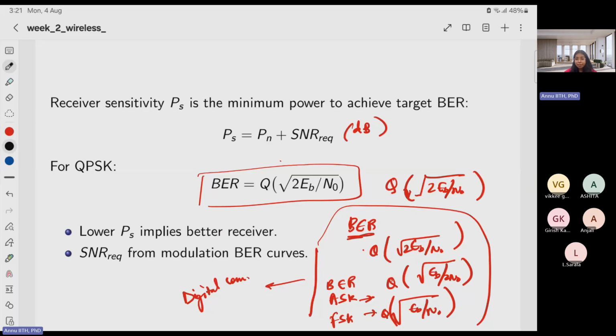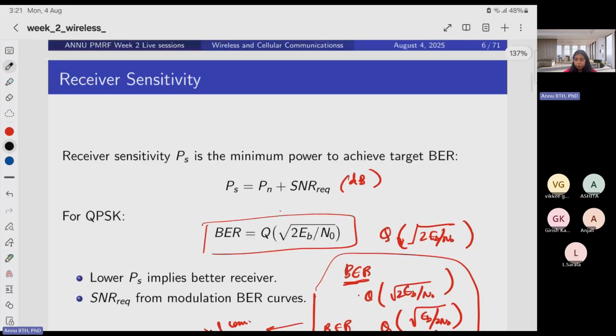If the receiver is good enough that even a small signal comes, it will detect it. That's why lower Ps is better. For example, if you go to buy a power amplifier or antenna, you always look for the best, that is the lowest, receiver sensitivity. Ideally it is minus 90 dB, and we should consider this while buying a phone also. SNR required comes from the modulation BER curves.